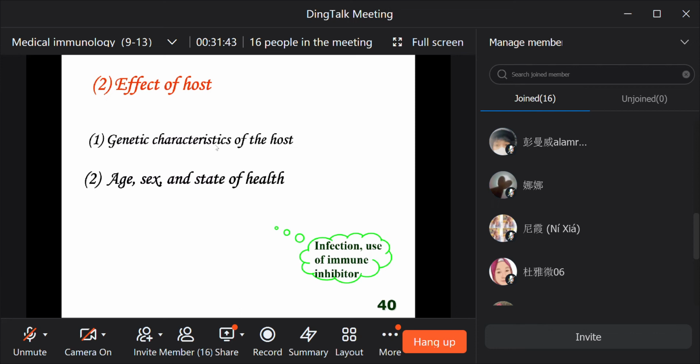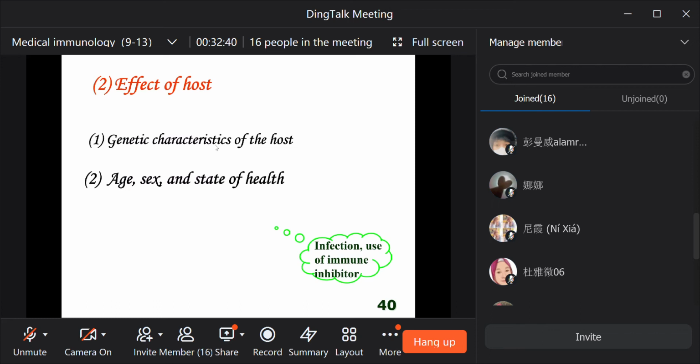Maybe the girl is more easily infected by a special virus or bacteria or something else. And the age is the same: the old man is more easily affected by disease caused by bacteria or viruses, but a stronger person or an adult man has much stronger power against infectious disease.